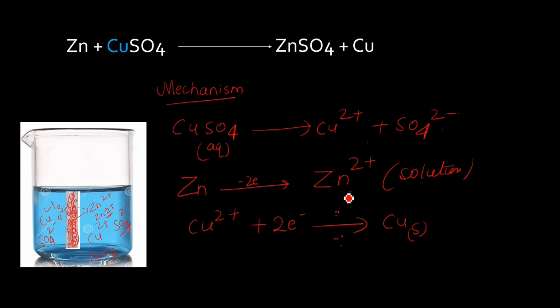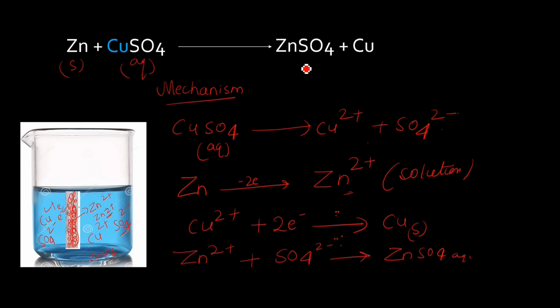Then the zinc ions present in the solution attach to the sulfate ions and form zinc sulfate aqueous solution. So this is solid zinc, copper sulfate aqueous, zinc sulfate aqueous, and solid copper. This is the mechanism of the reaction.